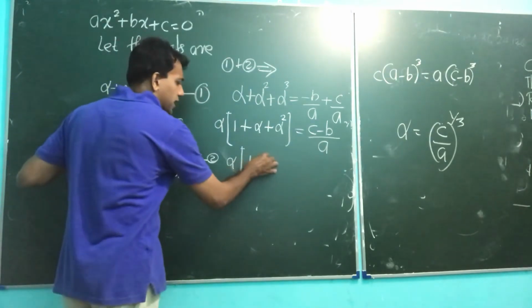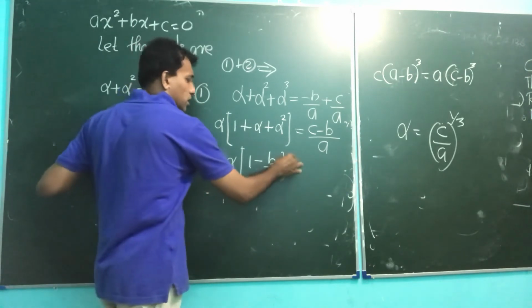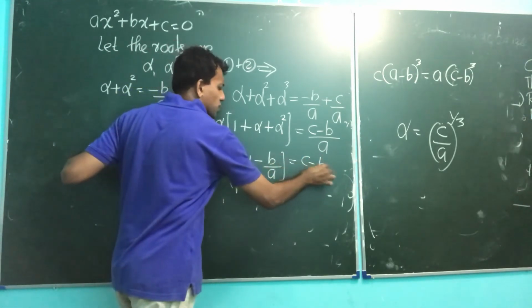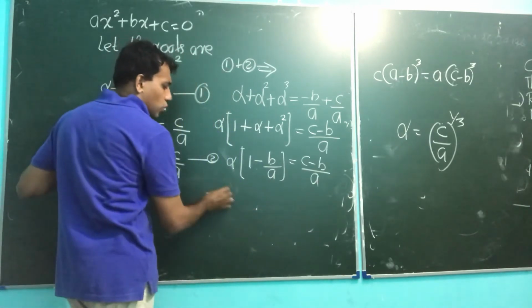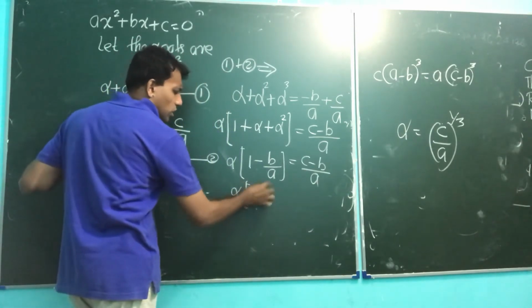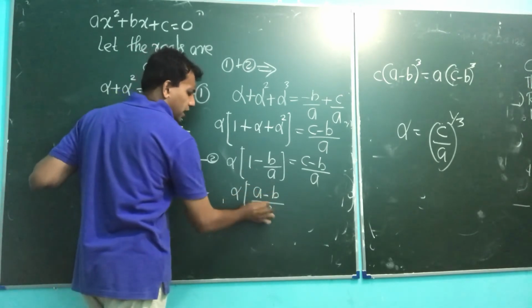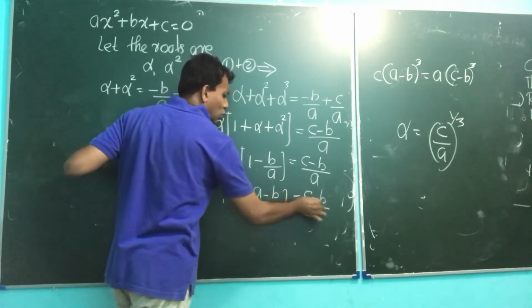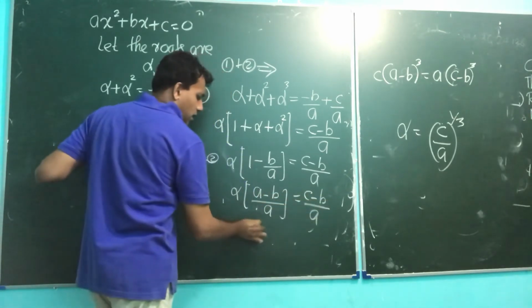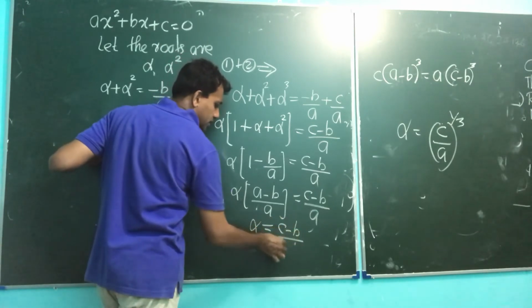That is minus B over A, equal C minus B over A. Okay. So alpha into A minus B over A, here C minus B over A. See, A cancel. We have the alpha answer.